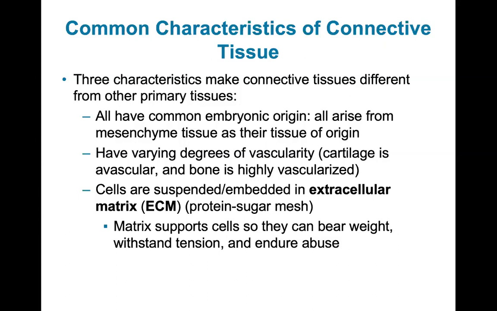If you remember, with epithelial tissue, which was the prior lecture, that was mostly involving cells with not many other substances. Here, you might look at some of these connective tissues and actually find very few cells, but a lot of matrix.